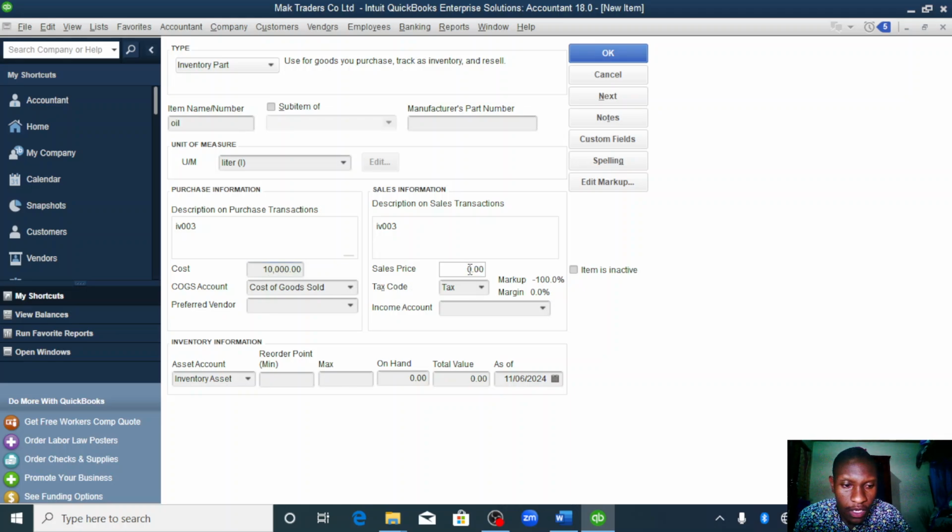Selling price, we are having 16,000. Income account under sales, then balance on hand, we are having 10.